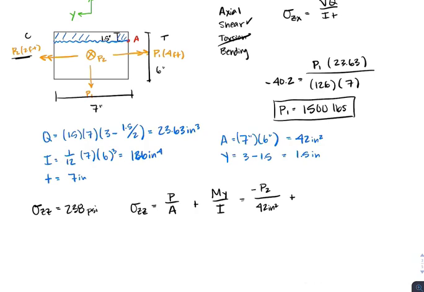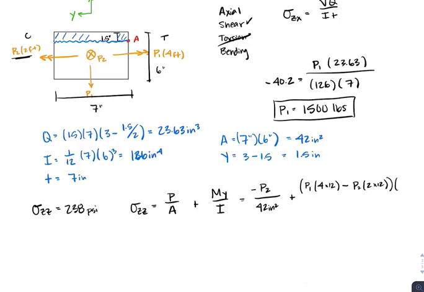So using that, we can say our moment in this case is going to be P1, which we know, we're going to plug that value in, times 4 feet, which we'll have to convert to inches, so 4 feet times 12. That's subtracted by P2 times 2 feet times 12 to put it into inches. That's going to give us our overall moment, figuring out if it's positive or negative.